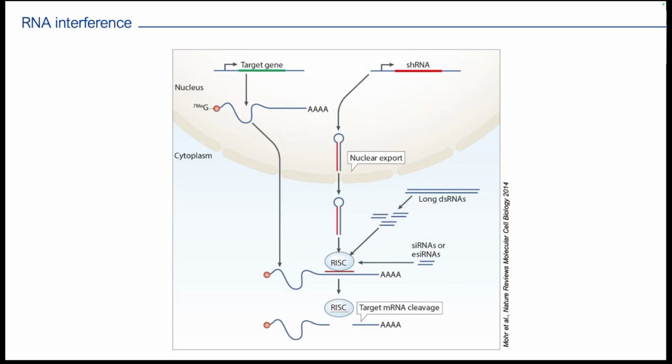So basically what we're doing is feeding the cell with an RNA that gets incorporated into this complex. And because we designed this RNA to be fully complementary to the target sequence, we have cleavage, okay? This is very important. Only when you have full complementarity between the sRNA and the target, you have cleavage. And this will be important when we discuss microRNAs.